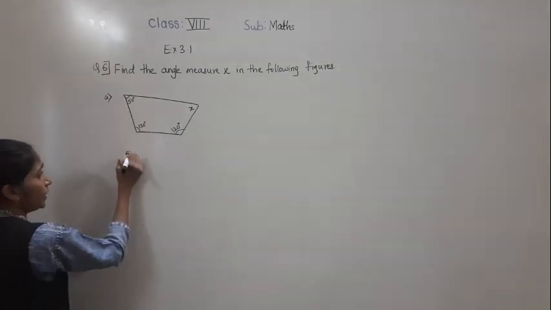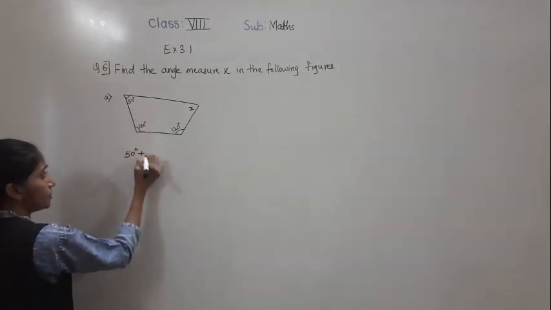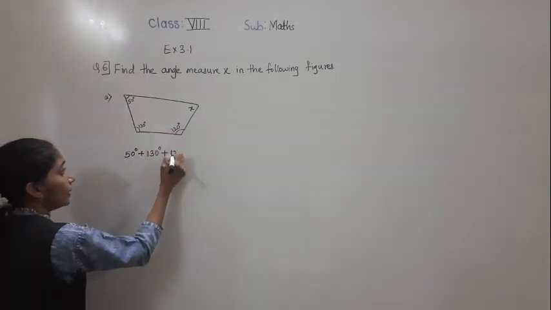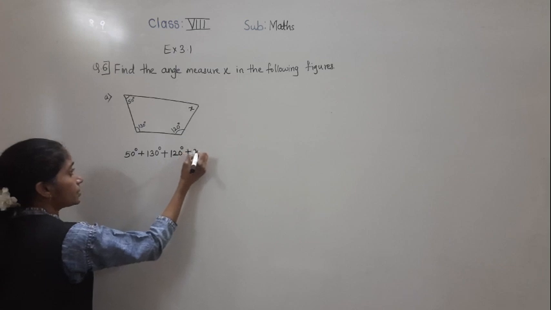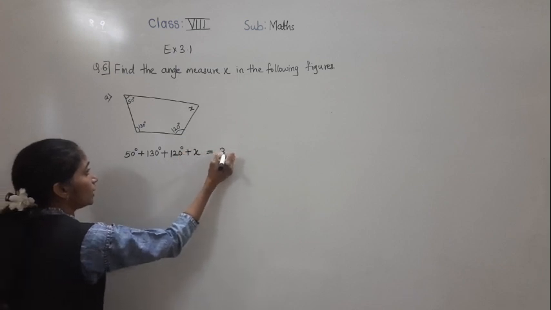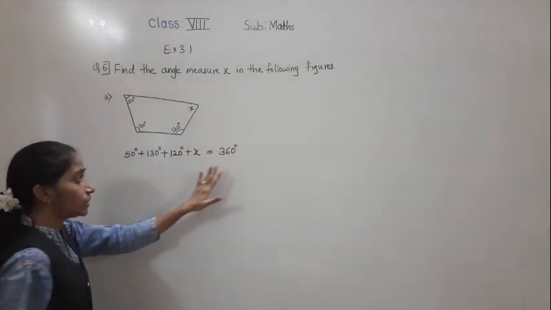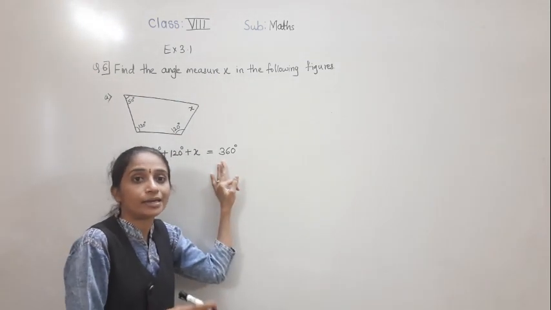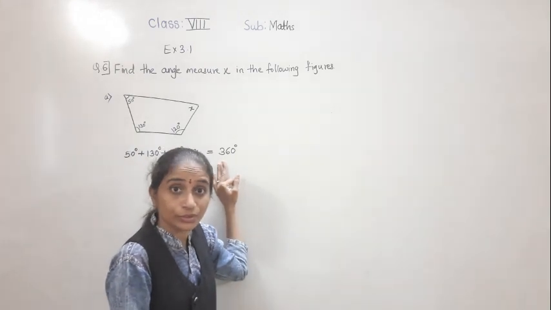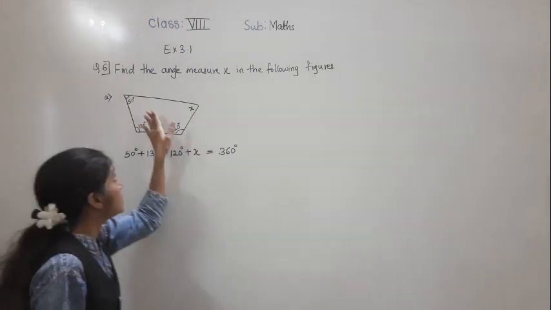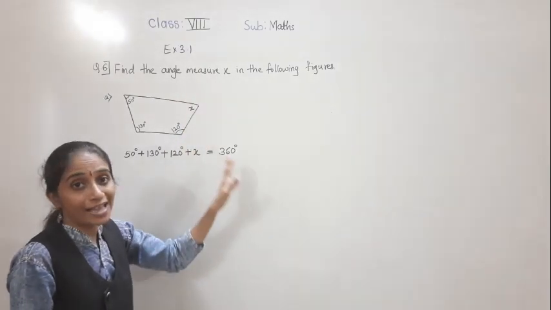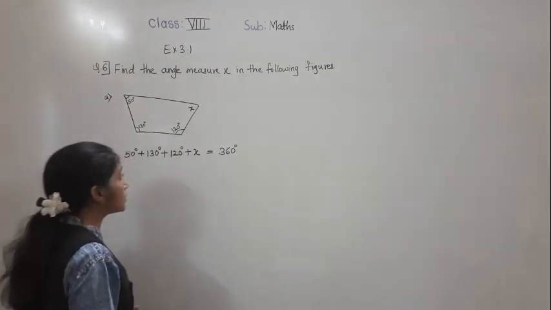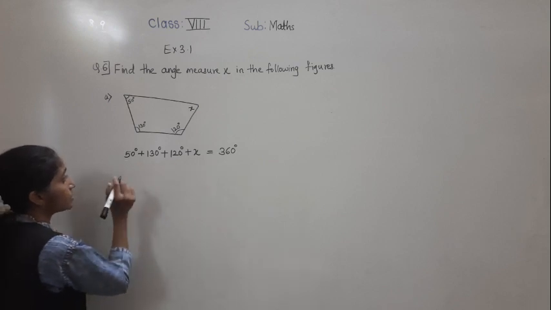So 50 degrees plus 130 degrees plus 120 degrees plus x is equal to 360 degrees. Why have I written 360 degrees here? Because the angle sum property of a quadrilateral means the sum of the angles of a quadrilateral is equal to 360 degrees.